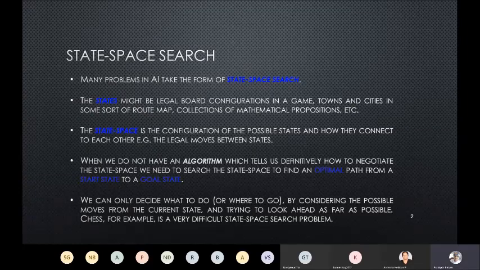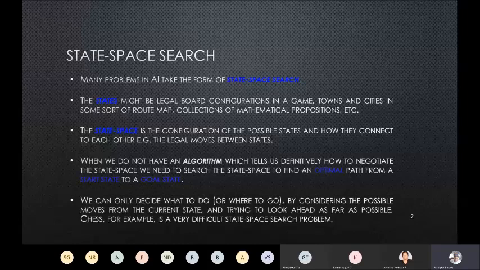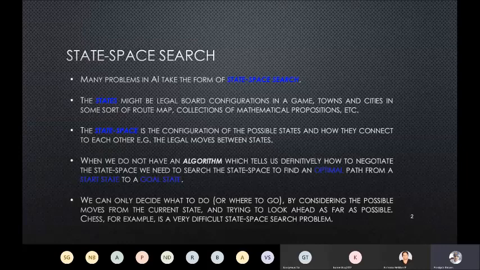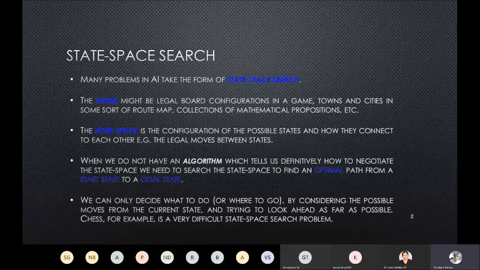All those you can define as states, or for example, a collection of mathematical propositions. All these you can define as state, and as you will see later on in the case studies, you can define the states of your problem yourself, and probably that is one of the main challenges of using state space search. And state space is the configuration of all possible states.